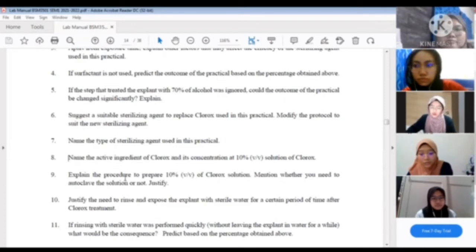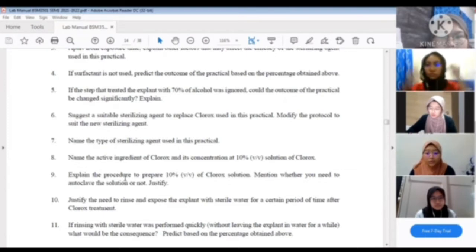So that is why we rinse and expose the explant with sterile water. And it's also because we want to remove mineral from explant.